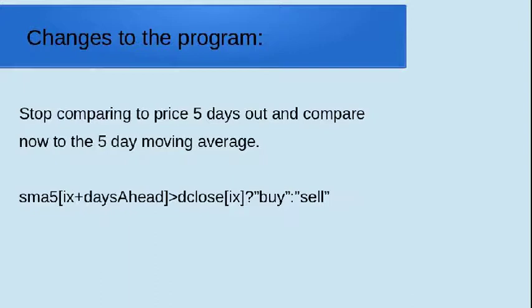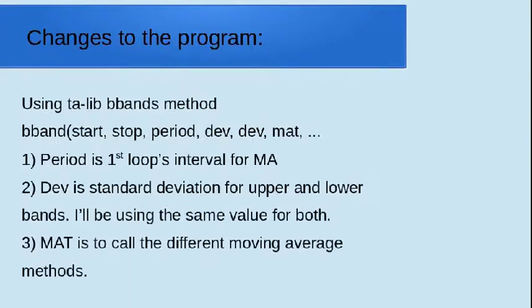In this version of the program, before everything started, I calculate this 5-day moving average, and then in the point of the code where the result attribute is being built, I compare the 5-day moving average 5 days ahead to the current close.